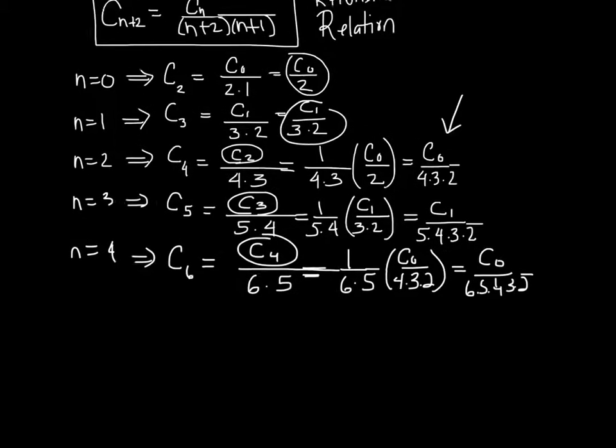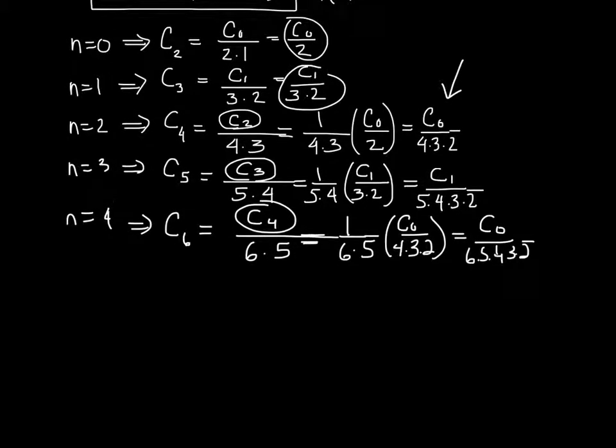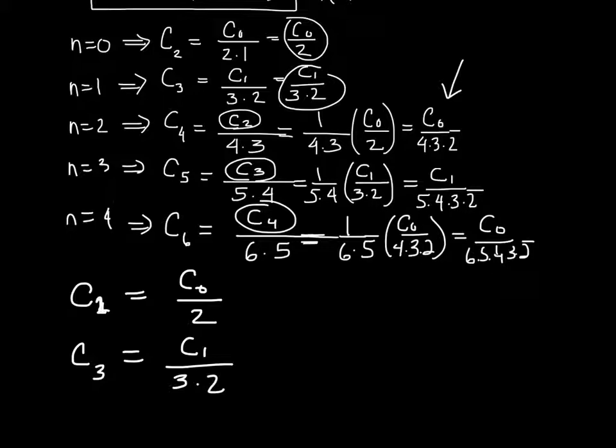Let's go ahead and write our Cn's nicely without all this intermediate work. C2 is equal to C naught over 2. C3 is equal to C1 over 3 times 2.